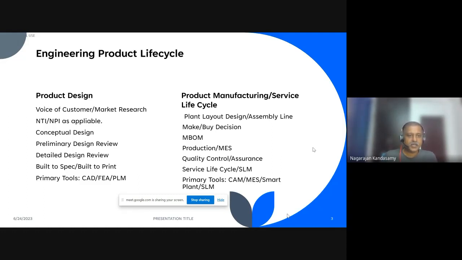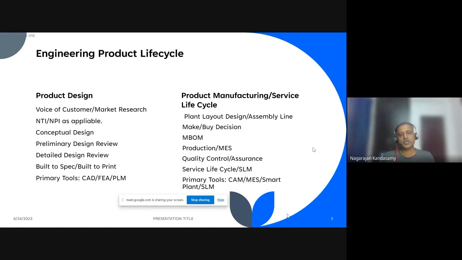Then the second area is NTI or NPI. Maybe I should have put the abbreviation here. NTI stands for new technology introduction, and NPI stands for new product introduction. This is more relevant for ISRO or defense or aviation, when they are launching completely newer technology. Before designing, you have a lot of R&D or research.